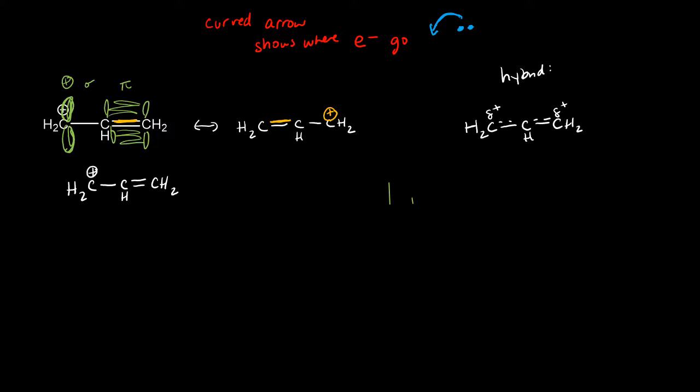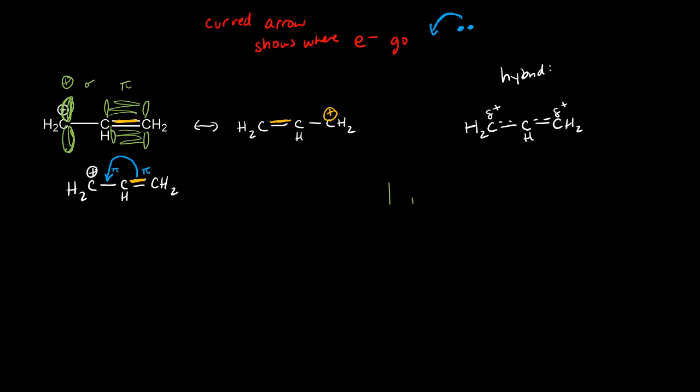Okay, so these pi electrons that are moving, we're taking the pi electrons here, our arrow starts there, and it goes here, okay? And we're going to form a new pi bond here, all right?